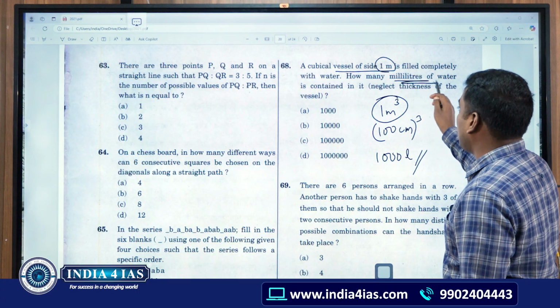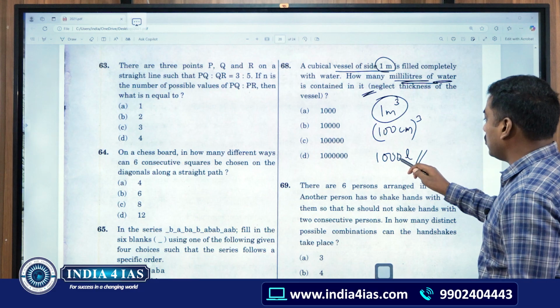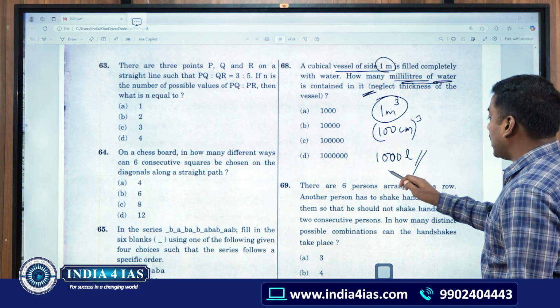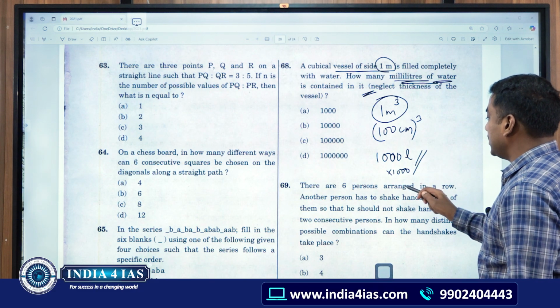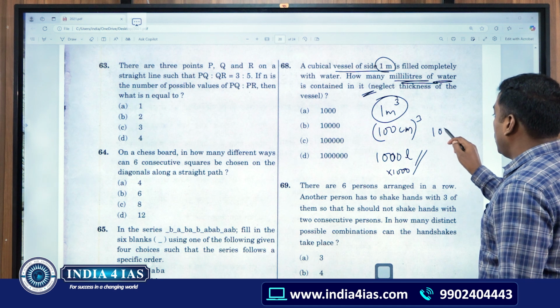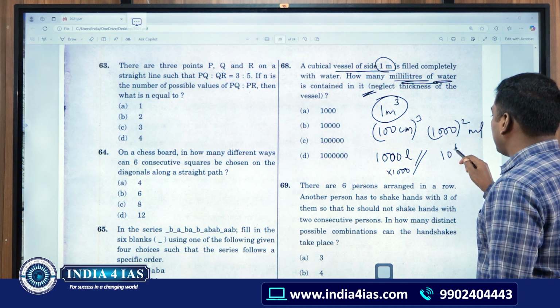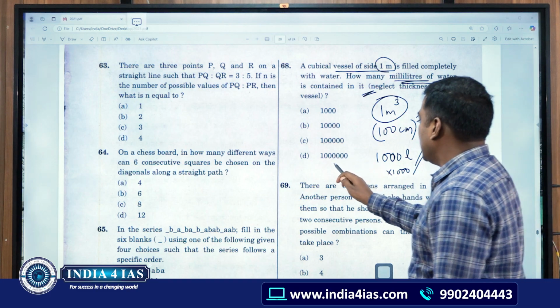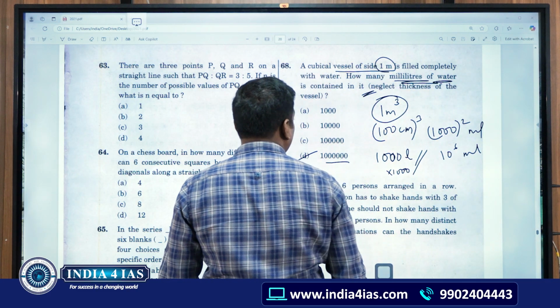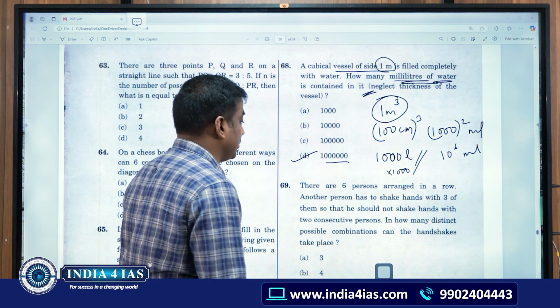How many milliliters of water are they asking? So 1000 liters is nothing but 1000 into 1000 milliliters. So totally it is 10 to the power of 6 milliliters. After 1, 6 zeros. This is general knowledge.